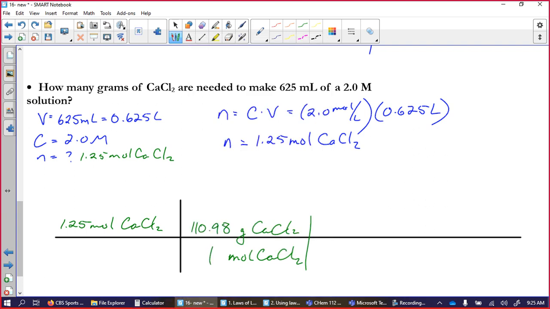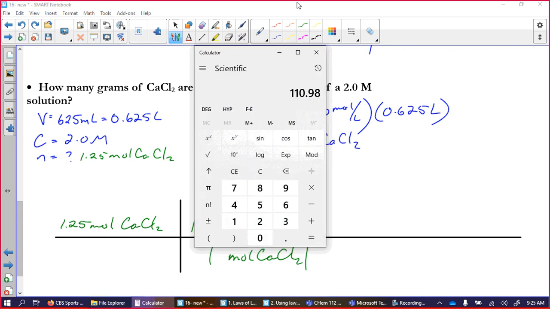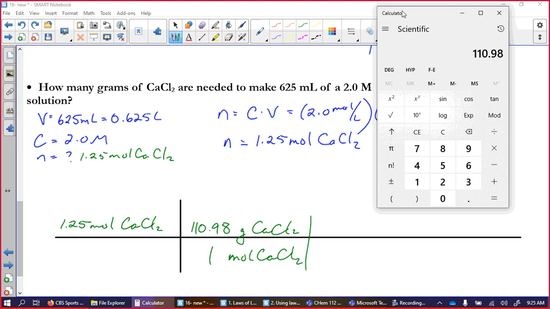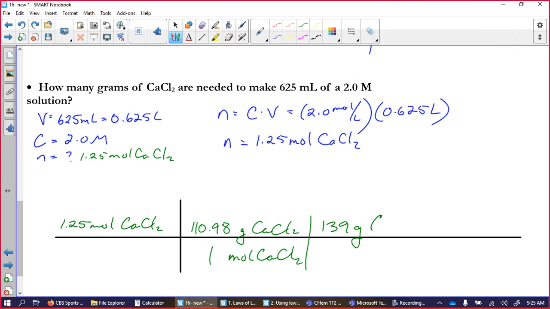That many grams in 1 mole. We do our mole conversion. I'm going to multiply that by the moles. 139 grams of calcium chloride would be required to make 625 milliliters of a 2.0 moles per liter solution.